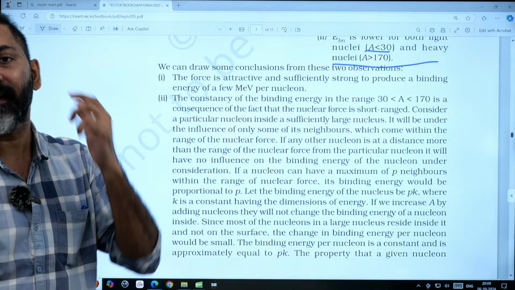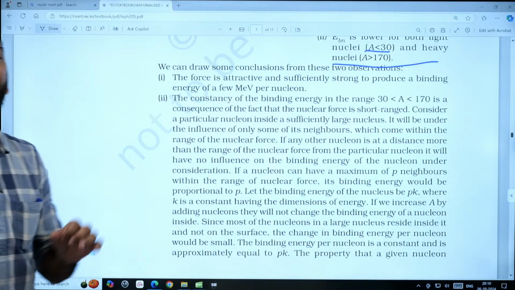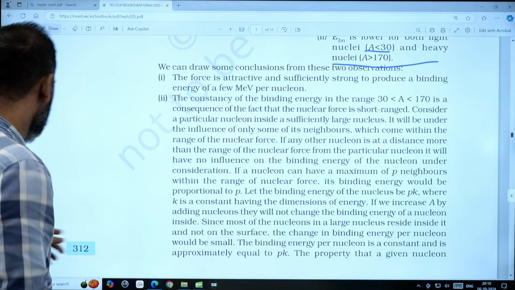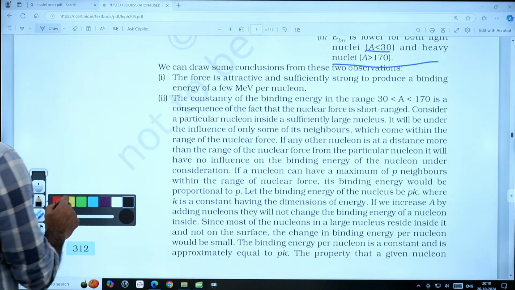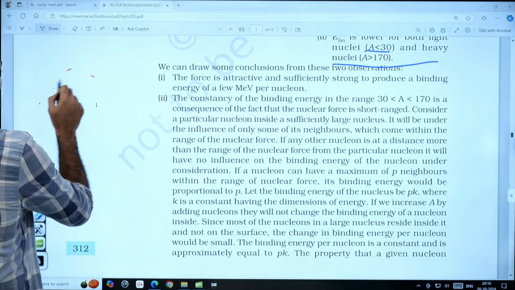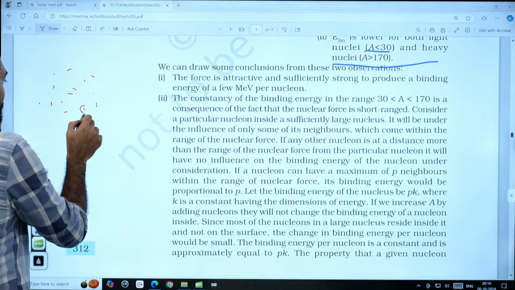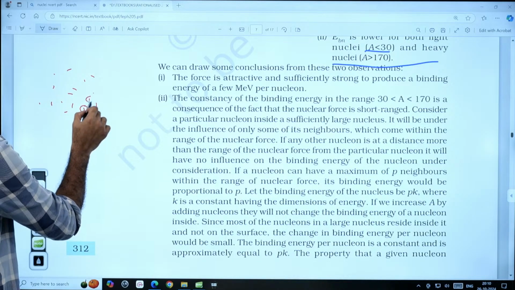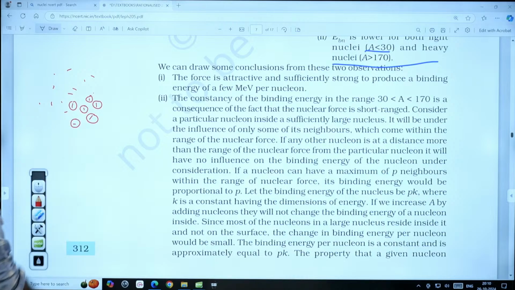If there is any other nucleon at a large distance, then that nucleon will have no influence on the nucleon under consideration. I think it might sound confusing for some of the students, so I am explaining. Suppose there is a nucleus with many nucleons. If you consider this particular nucleon, it will be under the influence of some of its immediate neighbors.